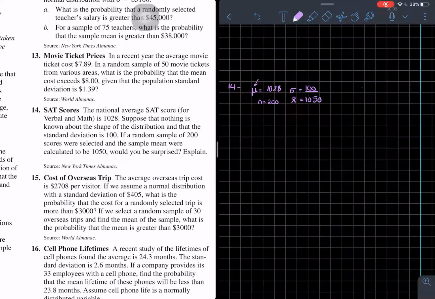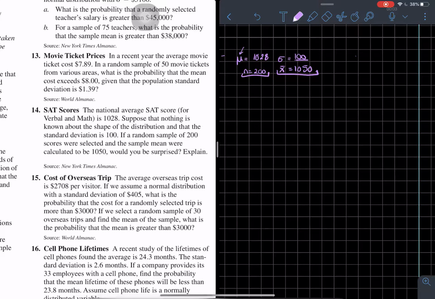So now they said that if a random sample of 200 scores were selected and the sample mean were 1050, would you be surprised? Okay, well, 200, right? So my sample size is 200 and my x bar is going to be 1050.